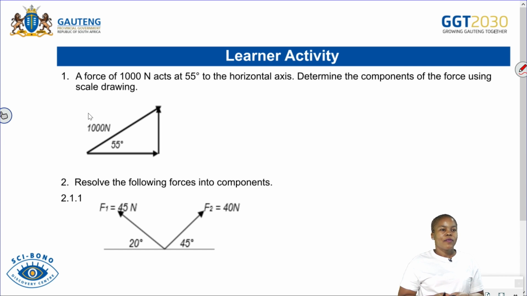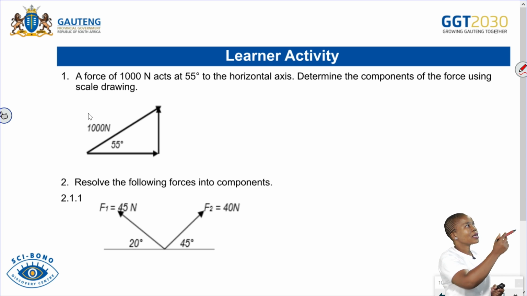And then for you at home, I want you to try this for me. Number one: a force of 1000 newtons acts at 55 degrees to the horizontal axis. Determine the components of the force using scale drawing. Remember, 1000 newtons is a lot, that magnitude is just too big. So use the scale like they indicated in the question.